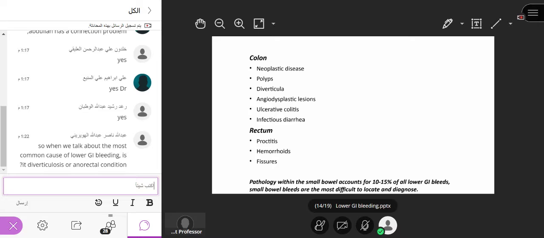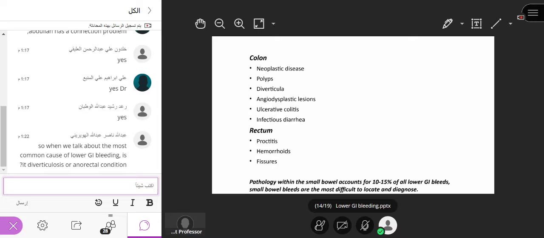We have different procedures, enteroclysis or capsule endoscopy, but expertise and facilities are lacking. So bleeding through the small bowel is difficult to diagnose because you cannot see.